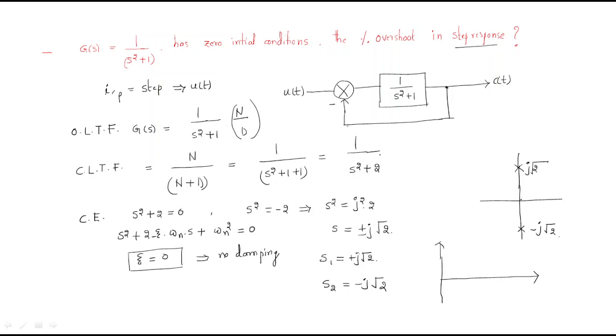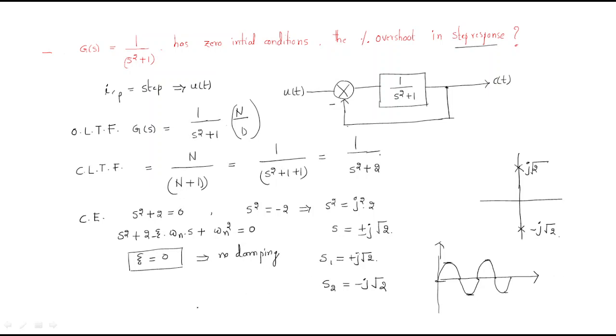Generally the output waveform varies like this. So that means the overshoot has complete overshoot.